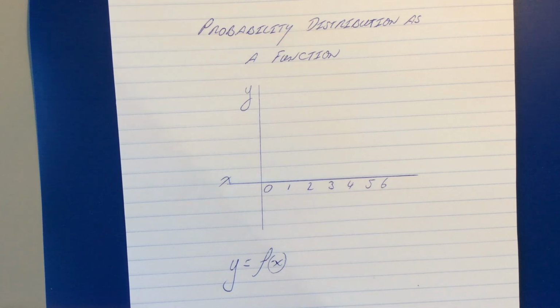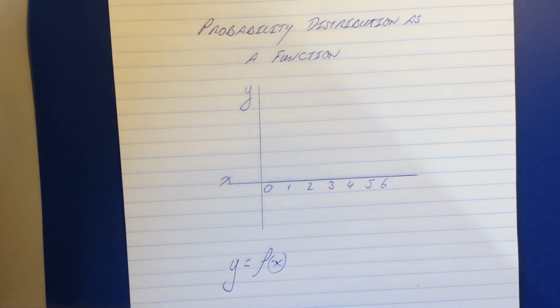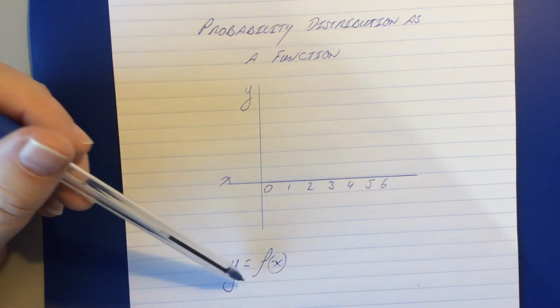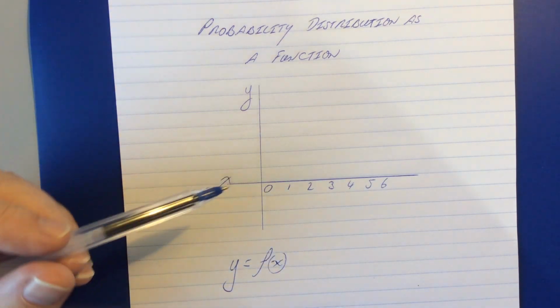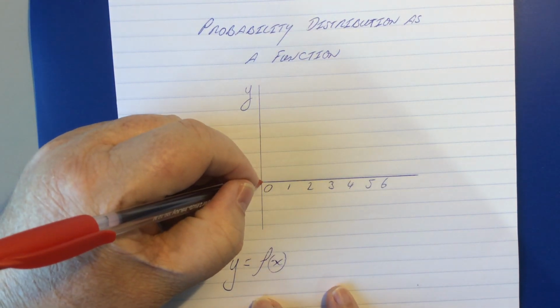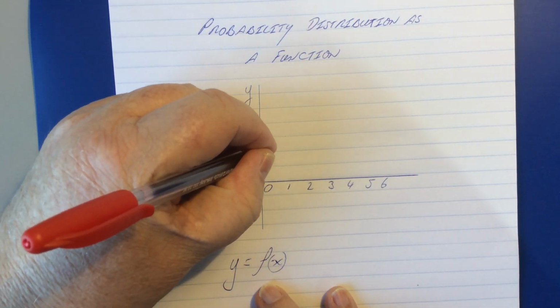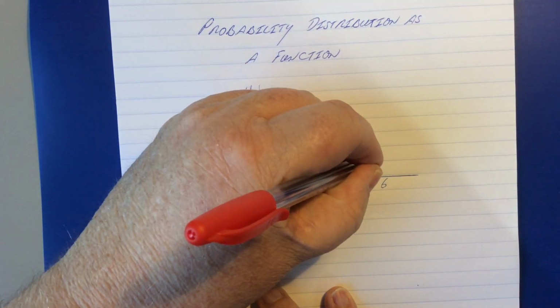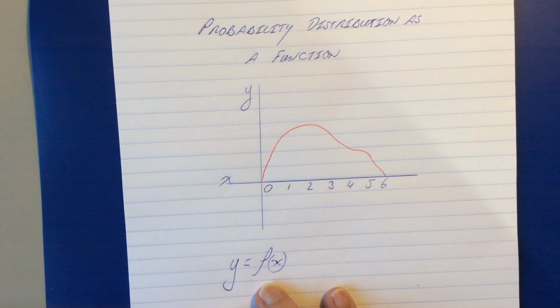There are no gaps. Now, quite often, such a probability distribution is described by way of a function, function of x, whatever it might be. And if we were to draw a graph of one, what we might get is maybe something that looks like that.